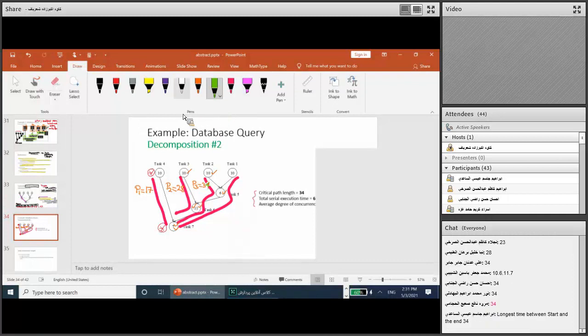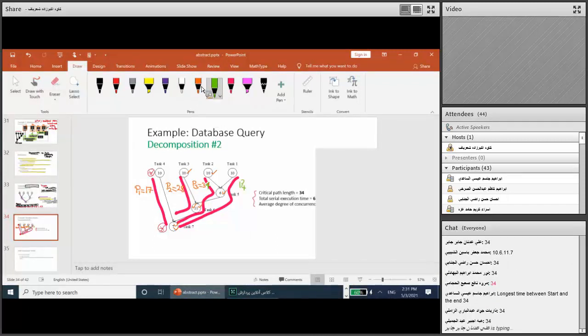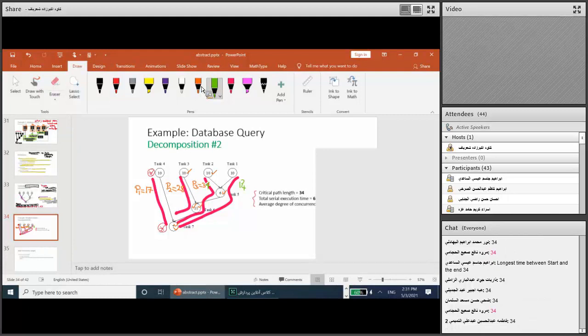And finally, what is the length of path 4? 34. What is the max?